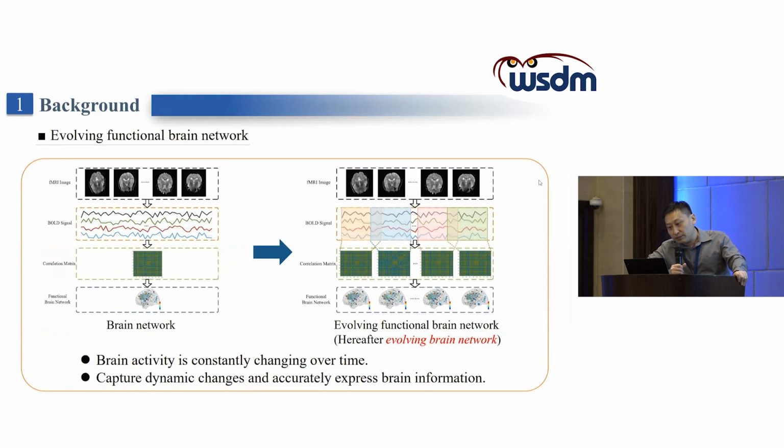For each segment, we generate a correlation matrix, called a snapshot of the correlation matrix. From each correlation matrix, we build a functional brain network. So instead of just one static brain network, we have a series of functional brain networks, called an evolving brain network.